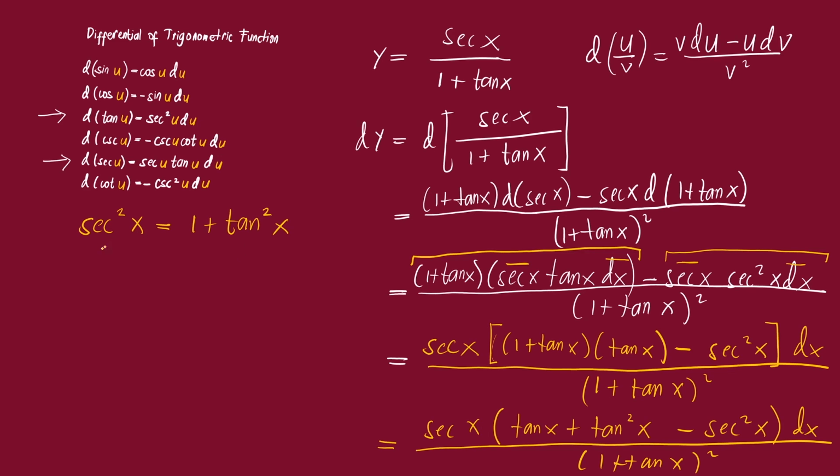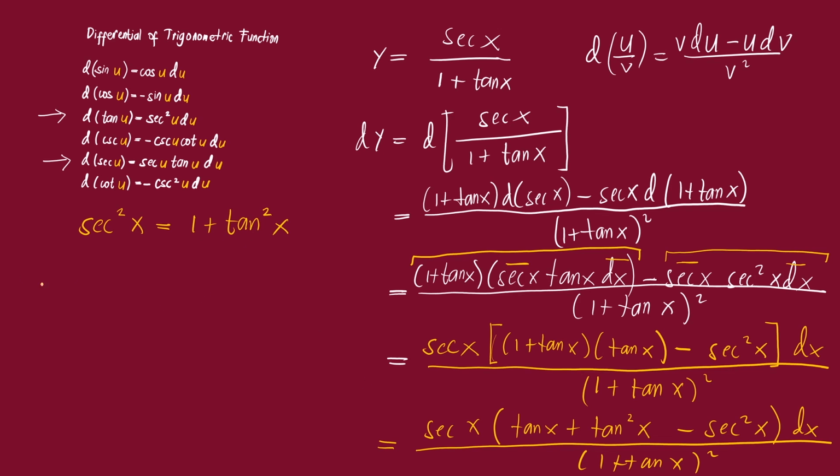So we can use this identity. So I'll substitute 1 plus tangent squared x for secant squared x.